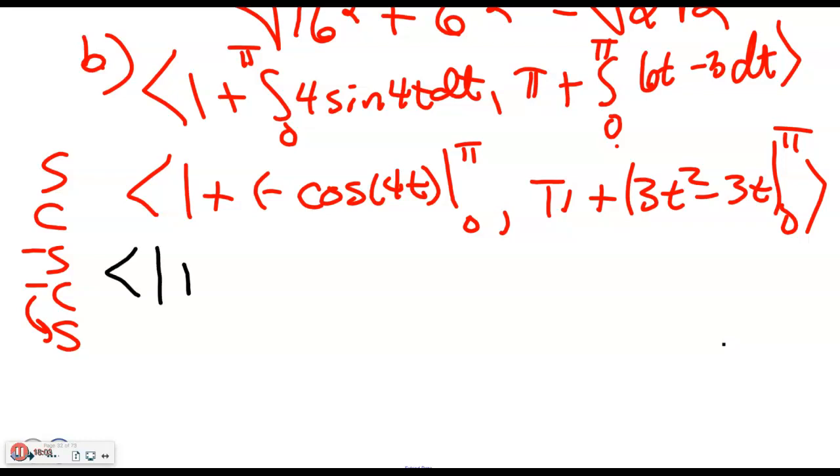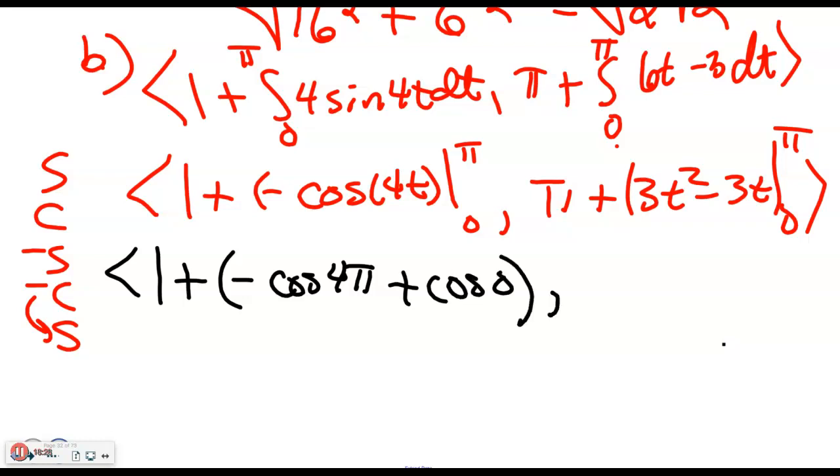So I have 1 plus parentheses negative cosine 4 pi. Then what? Minus negative cosine 0, right? So watch your sign. So plus cosine 0, comma, pi plus 3 pi squared minus 3 pi minus 0.